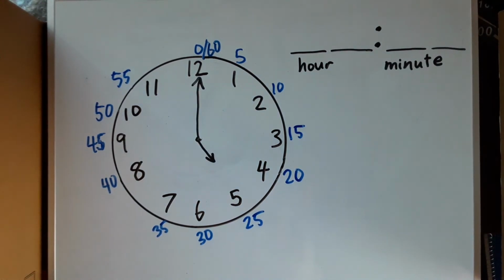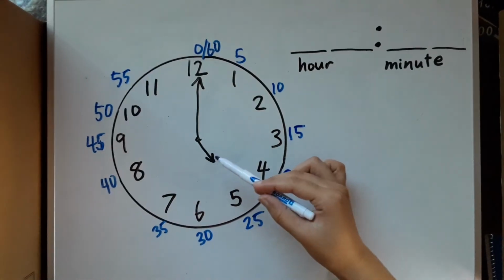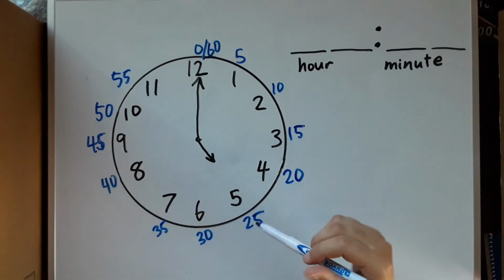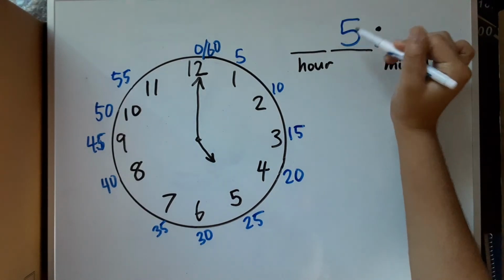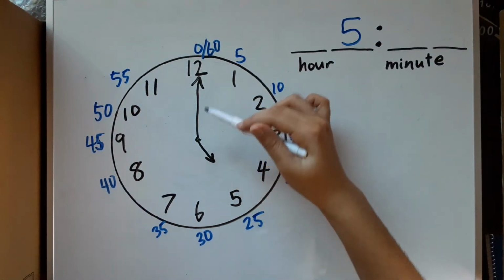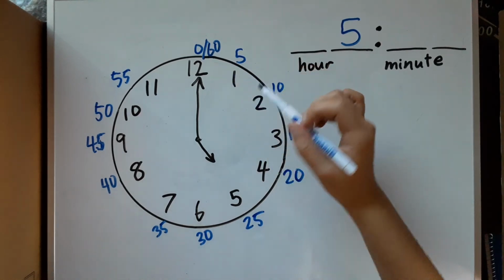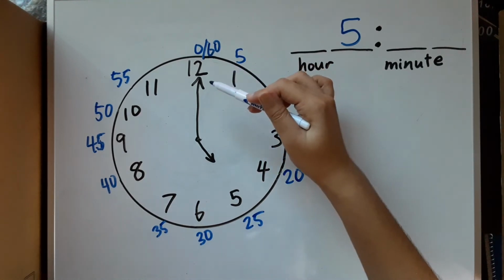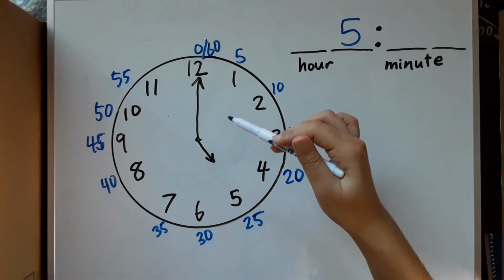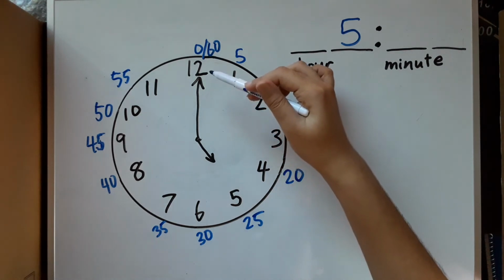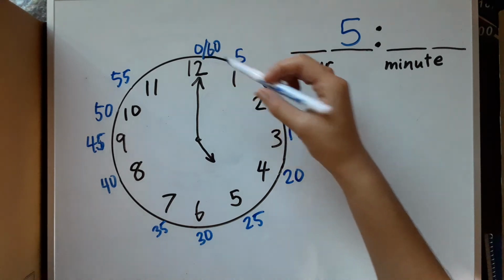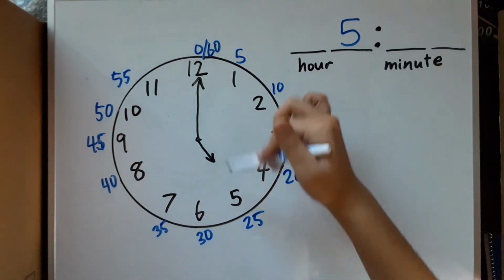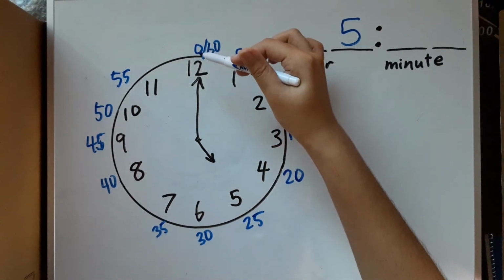We can see that the short hand is pointed at 5. That means we have 5 hours. The longer hand is pointed at the 12. This means that an hour has passed and we're at 5 hours. So we would read this with the 0. From 5 o'clock, 0 minutes have passed.